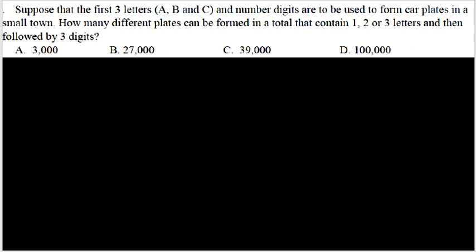Next one, again it is a probability. Suppose that 3 letters A, B and C and digits are to be used for car plates in a small town. How many different plates can be formed in total that contain 1, 2 or 3 letters followed by 3 digits?